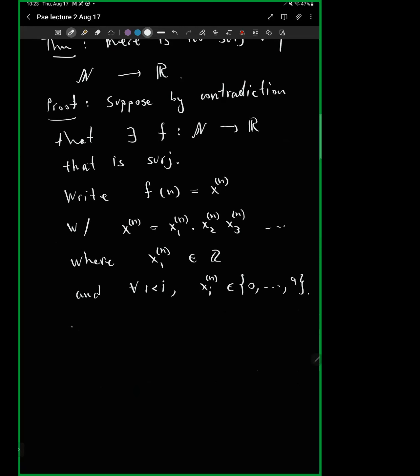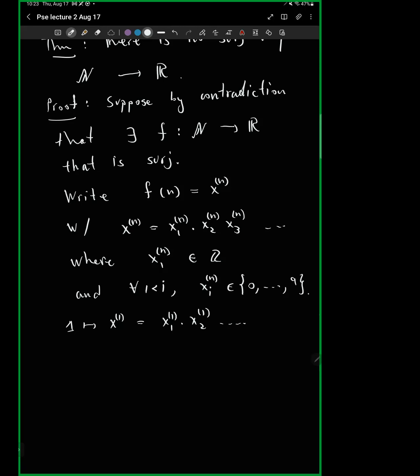So I get 1 is mapped to x_1, and x_1 we said we denote as x_11 dot x_21, and here possibly an infinite sequence.